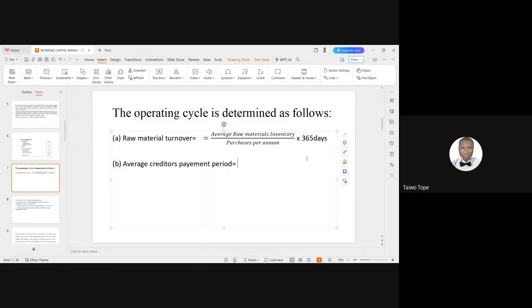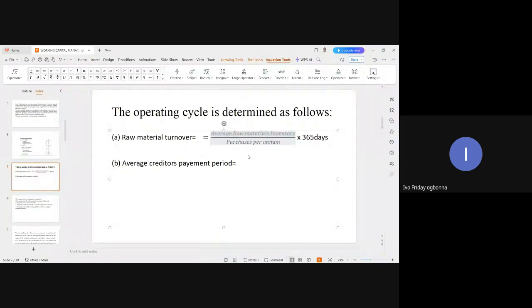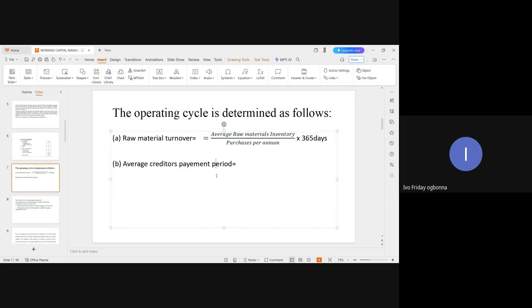Our formula will be what? We'll have it as, it will be.